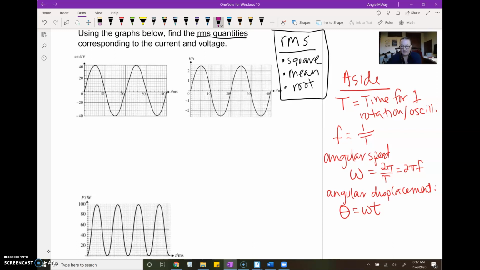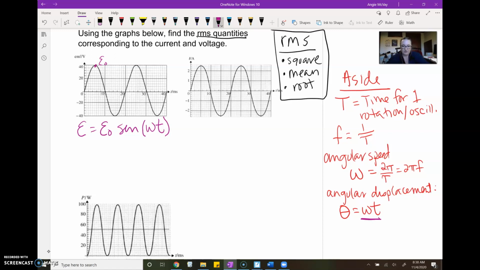So here, the EMF at any one time is equal to the maximum EMF, E naught, times a sine function. And in the argument is omega t, because it's the sine of the angle, and the angle is a function of the angular speed.